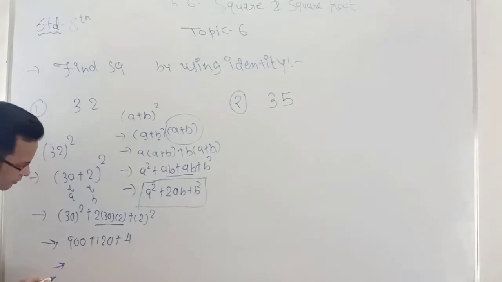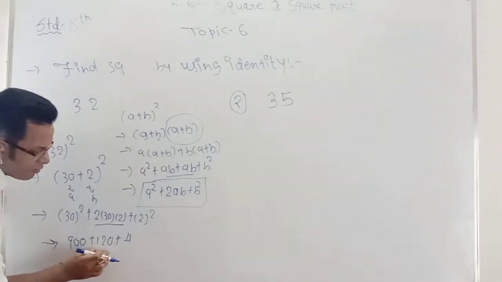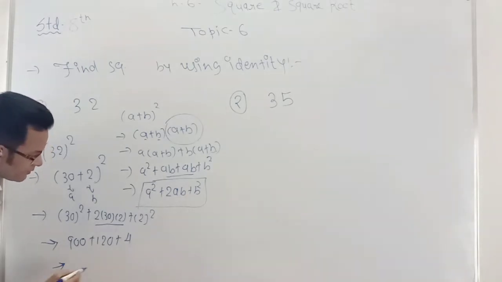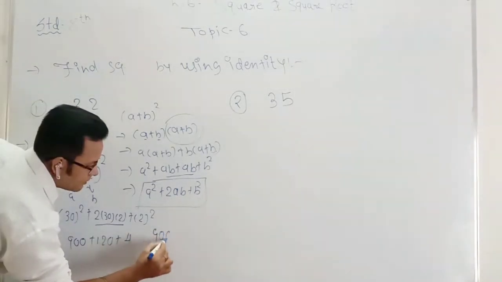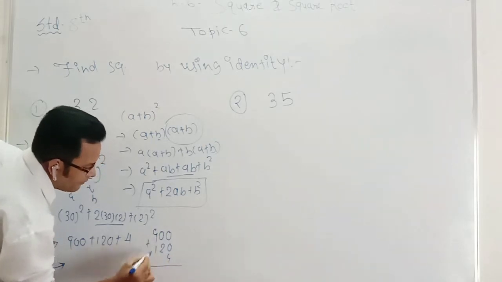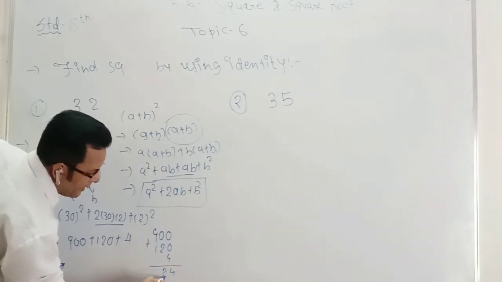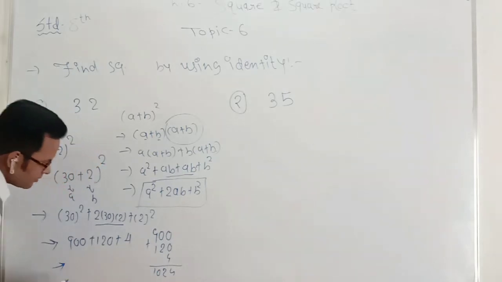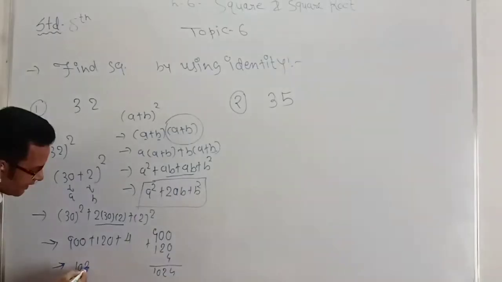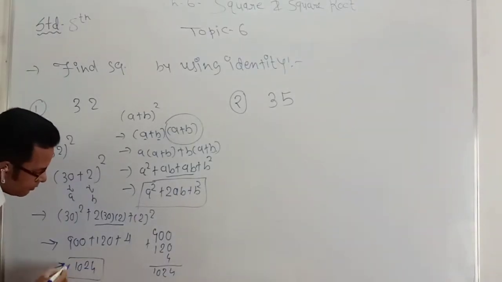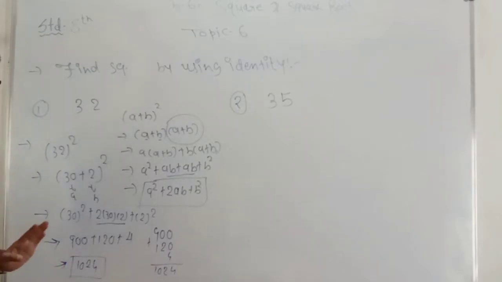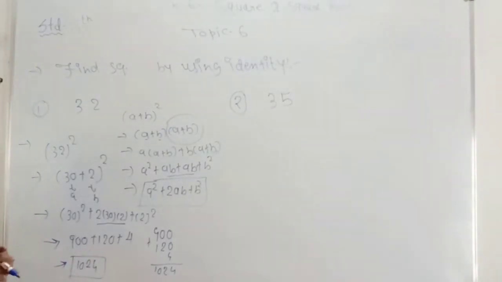Now make addition: 900 plus 120 plus 4. So it will be 1024. So this way you can solve the sum.